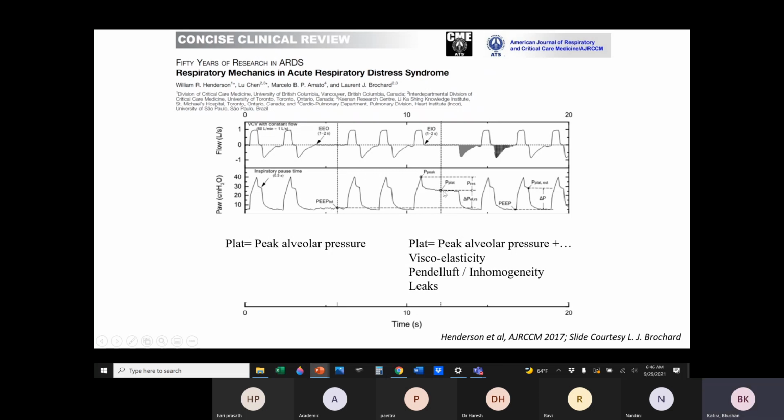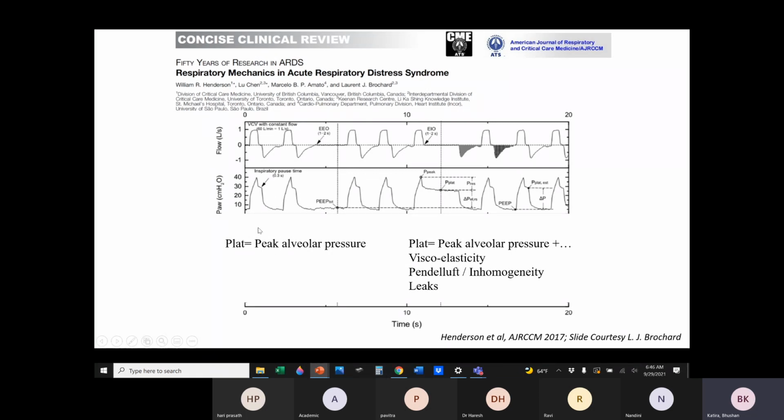This peak alveolar pressure probably does not reflect the true breath to breath maximum distension that the alveoli will see, at least in some portions of the lung. So if you do it longer and you measure it much later, you are likely to underestimate plateau or underestimate peak alveolar pressure. So try to do it within the breath.